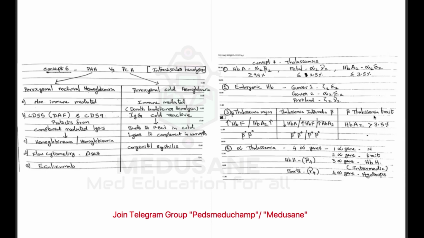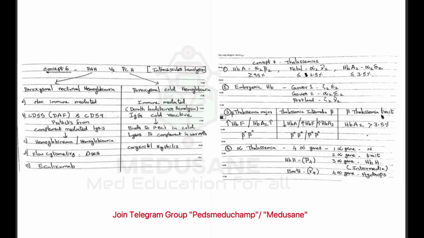Then one more is beta thalassemia trait, where a single beta chain alone is a problem, the other beta chain is normal. They will have some amount of anemia, like iron deficiency anemia. The only way of differentiating is hemoglobin A2, which will be elevated above 3.5%.